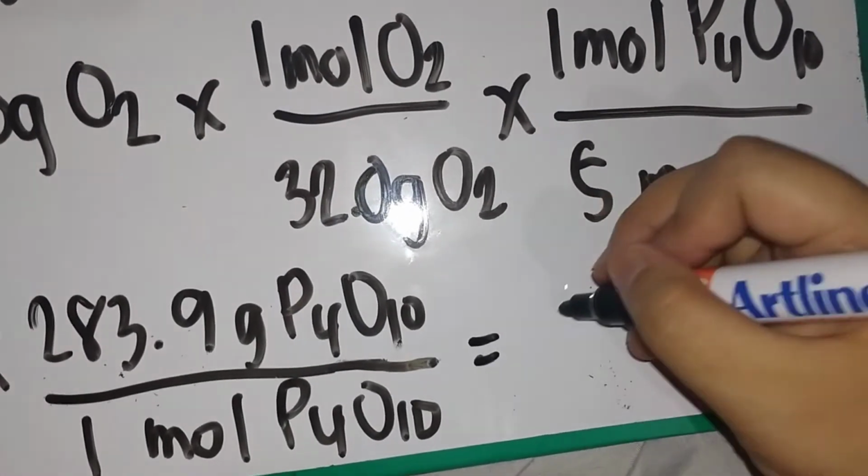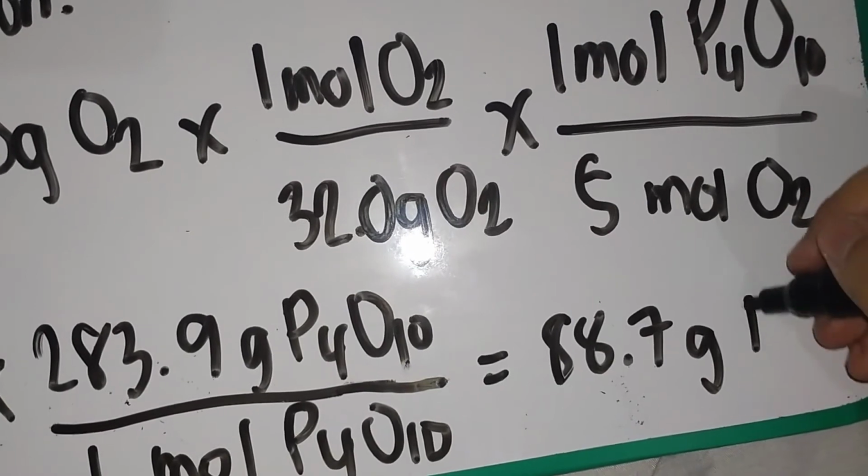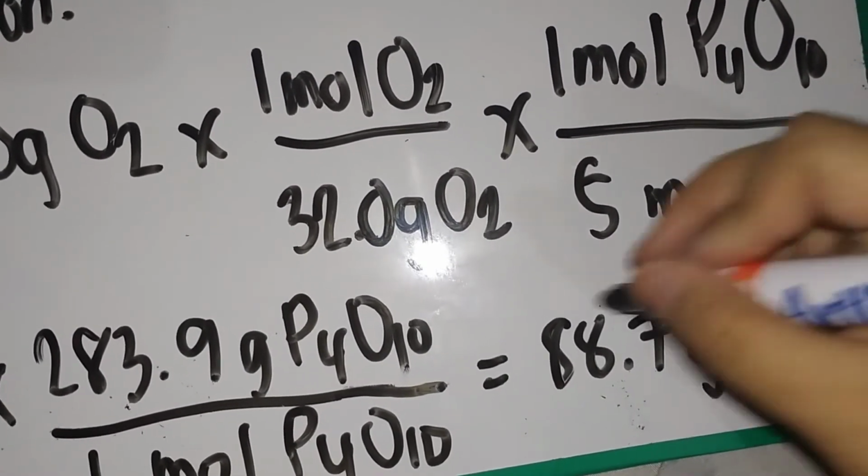All in all, it is equal to 88.7 grams P4O10. You're just going to cancel out the like units.